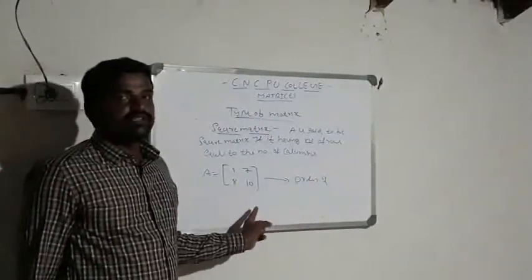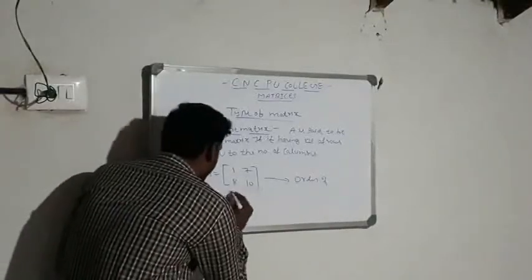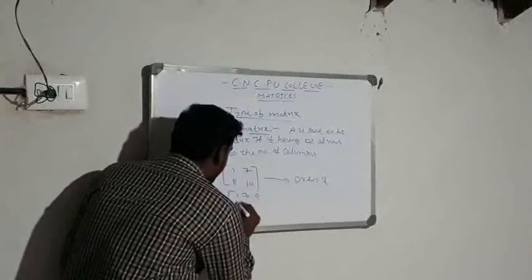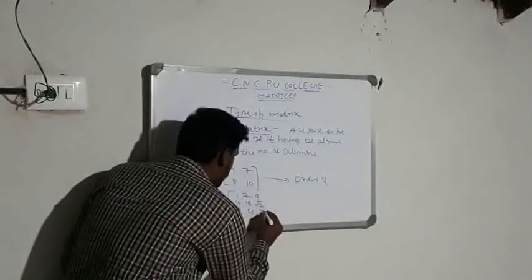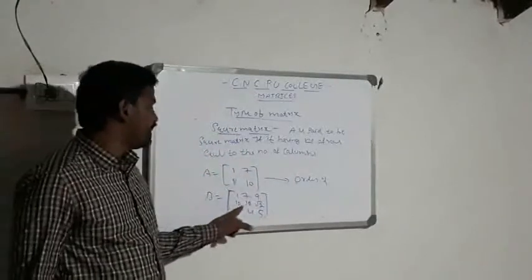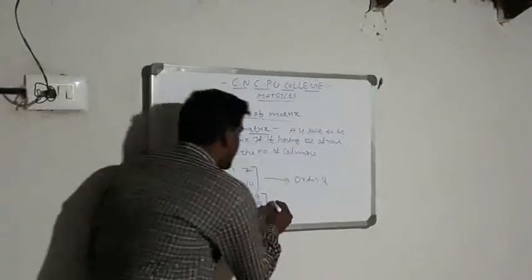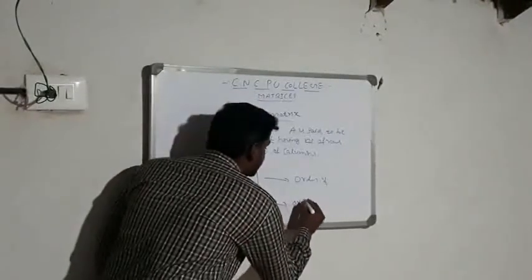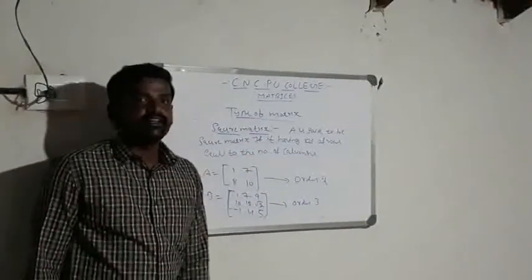Order 2 cross 2 means order is 2. Another example. Matrix B: 1, 7, 9, 10, 12, root 2, minus 1, 4, 5. Order is what? Order is 3 or 3 cross 3.